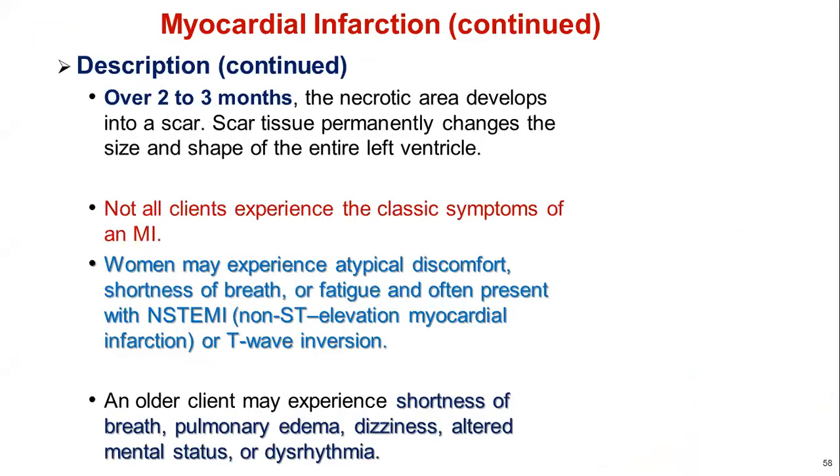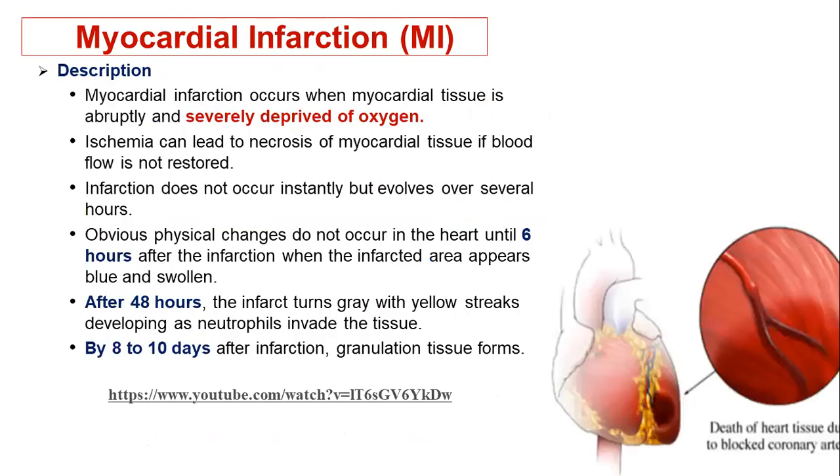Basically, when there is tissue damage inside the cardiac muscle, CK-MB is elevated for 2 to 3 days, troponin I is elevated for 7 to 10 days, and troponin T is elevated for 10 to 14 days.